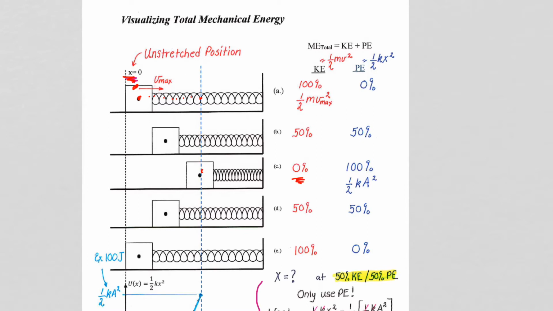Potential energy is 1/2 kx squared, so that becomes 1/2 k a squared. And we started with all kinetic energy, right? No potential. At some point in time, we would have this 50-50 situation, and that's the point we really want to think about at the bottom. Where is the block going to be when the energy is equally shared between kinetic and potential energy?